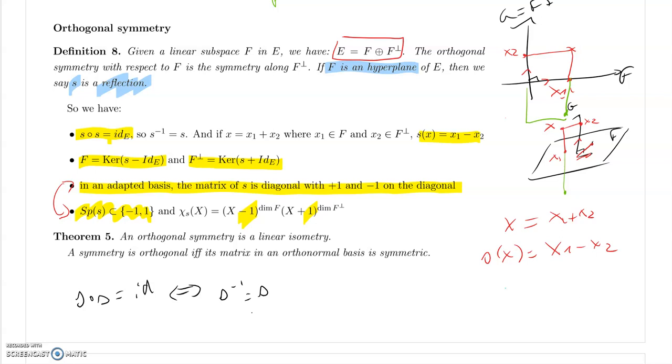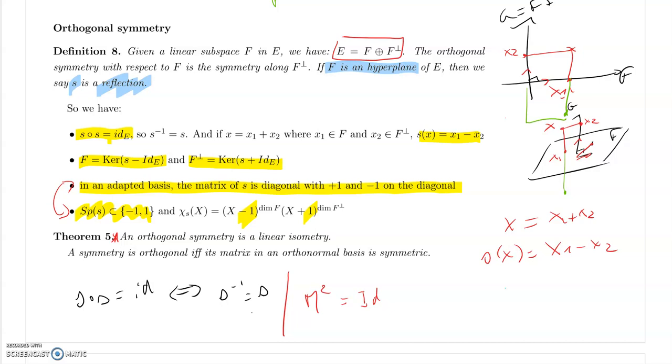So let's see about that. First part, an orthogonal symmetry is a linear isometry. Assuming we have a matrix representation M of S, you get that M squared is equal to the identity. What does it give us?